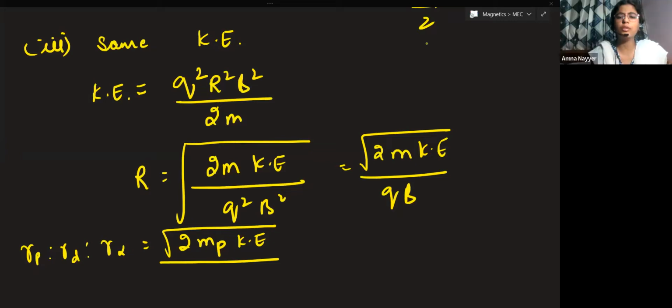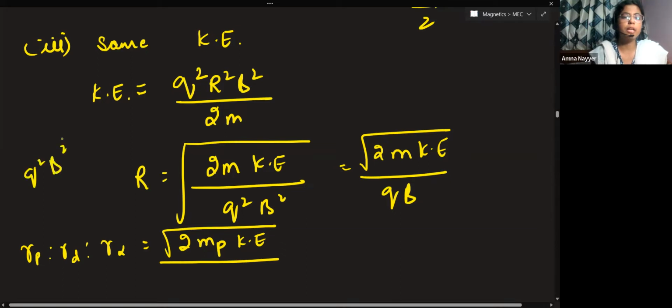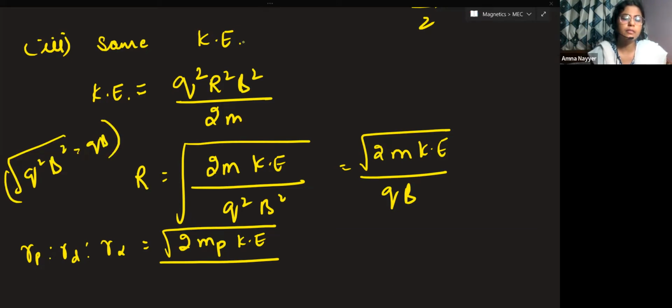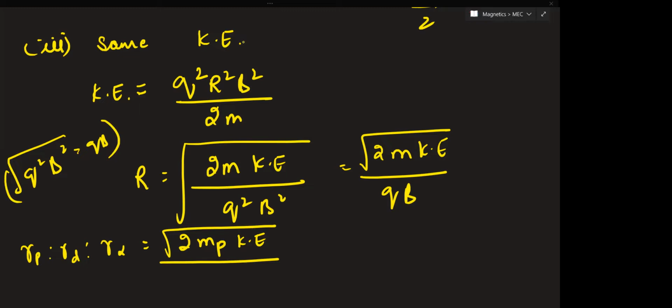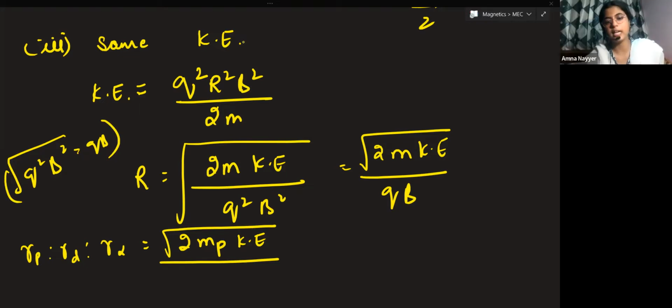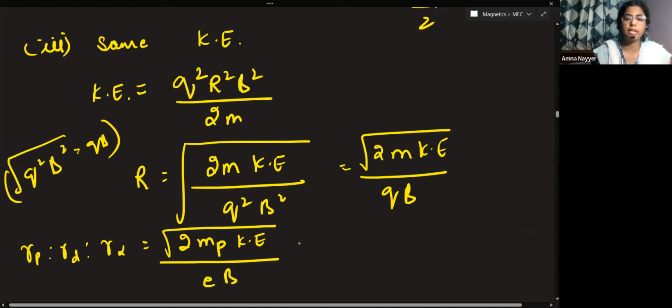No, from here: root of q square B square becomes qB only. So that's why I've written it qB. So here it will be eB. Correct, that will be eB. This is 2.